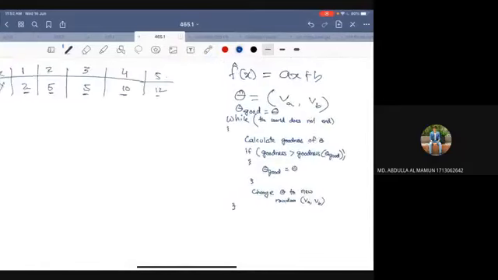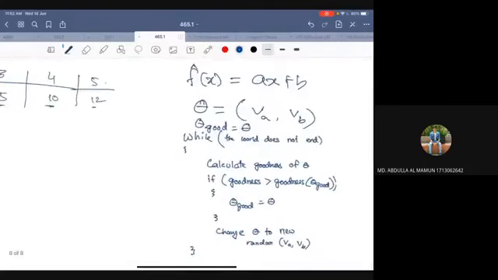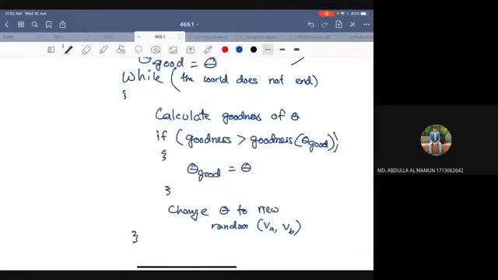Okay, so let's have a look at that algorithm. I have f hat of x, which is ax plus b. I have chosen a random theta, and I have assigned theta good to be theta. I've started a loop. The loop will continue until the world does not end. I will calculate the goodness of theta. In fact, let's be more precise, I will calculate the goodness of f hat theta x.